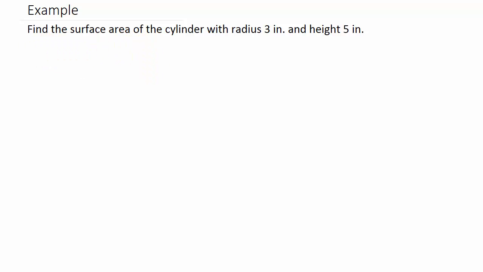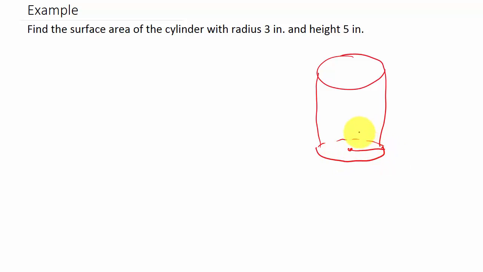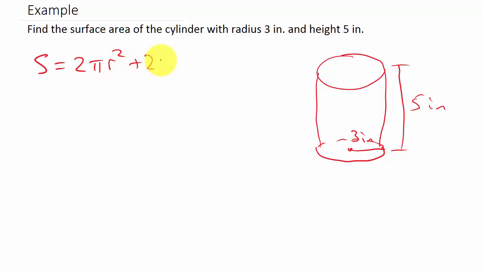Find the surface area of the cylinder with radius 3 inches and height 5 inches. So we have a cylinder here. The radius is 3 inches. The height is 5 inches. So our formula is 2 pi r squared plus 2 pi rh.